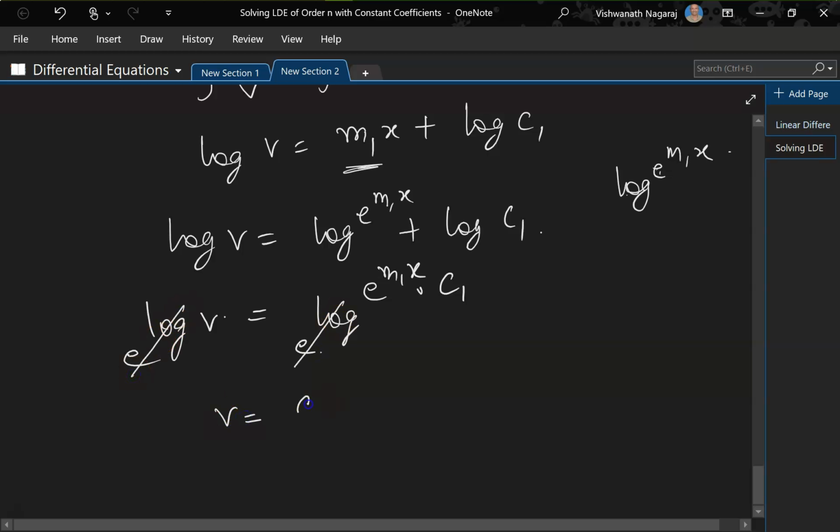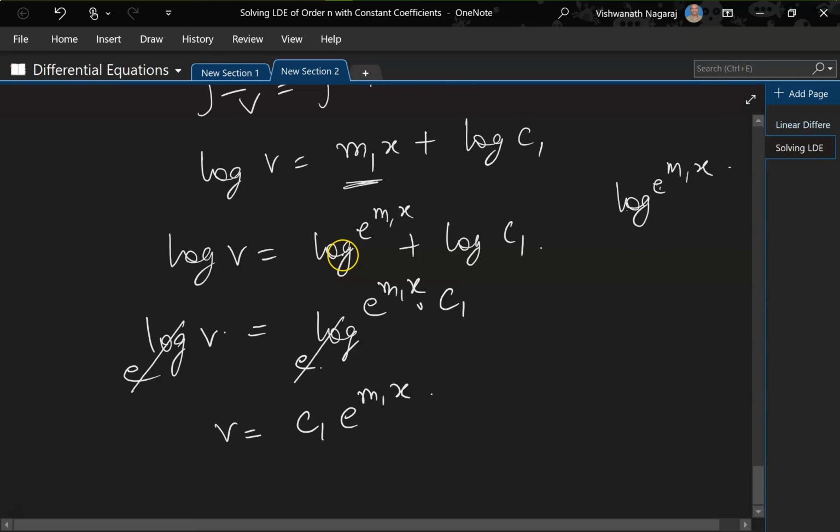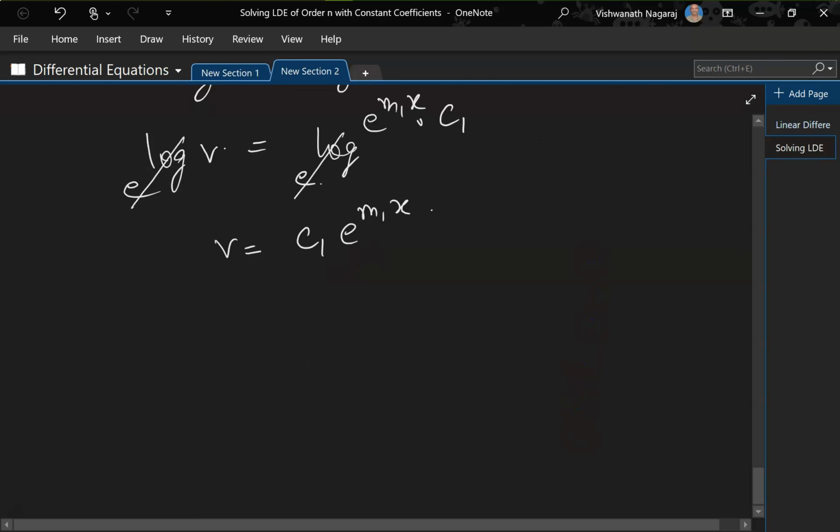So v is equal to c1 e to the power of m1x. This is a little bit tricky, so be clear before you proceed.